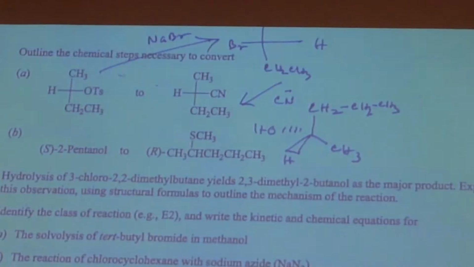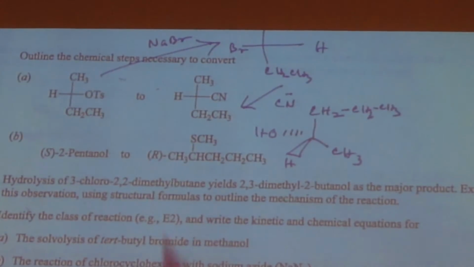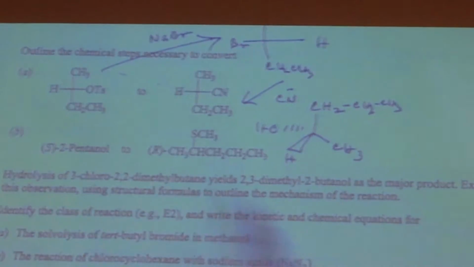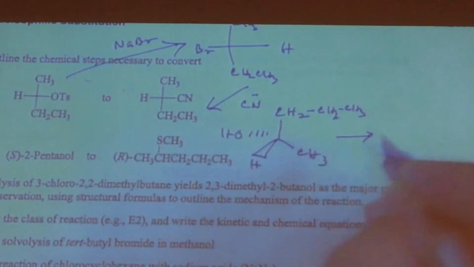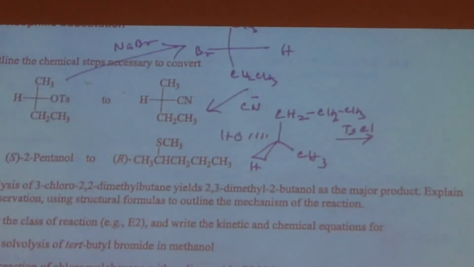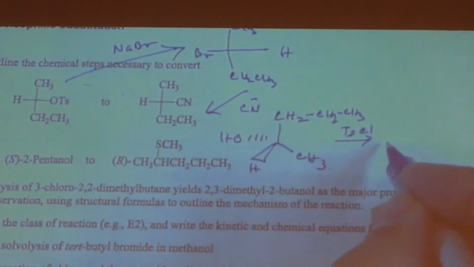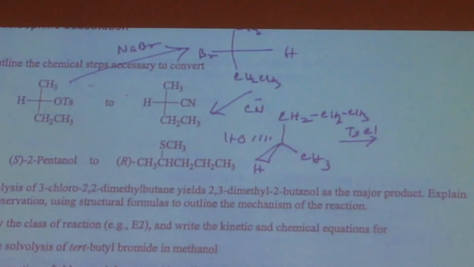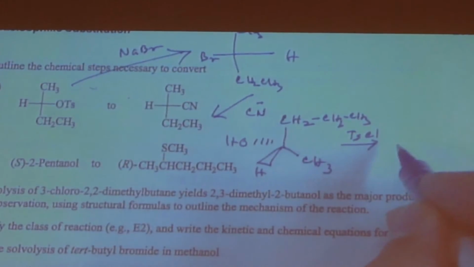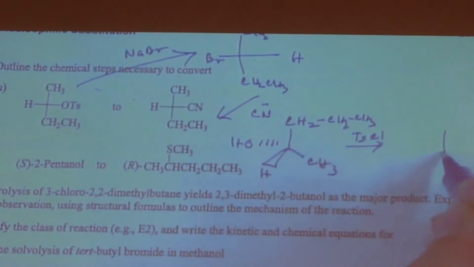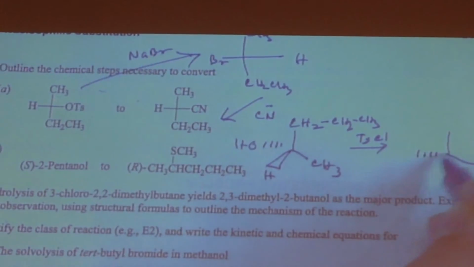In order to convert it to R, the ideal method would be to convert this to a tosylate, and then carry out the attack by the SCH3 minus. So let's use tosyl chloride, TsCl, abbreviated. And for this, we usually use a little bit of pyridine. The product has the exact same stereochemistry, OTs.